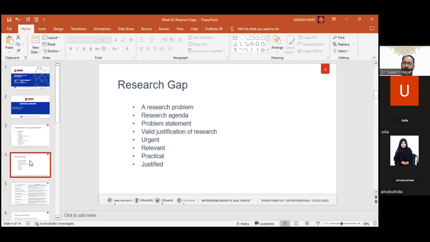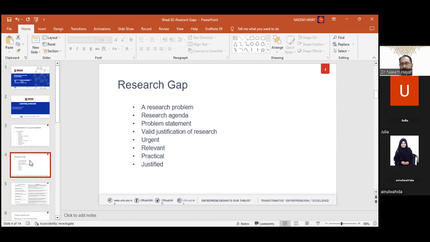The climate issues are very much relevant and urgent, because if we are not able to act right now, the things in the future may be more harmful, the action required may be bigger, or the money required may be quite enormous in the future. So relevancy and urgency are two important aspects of a research gap.